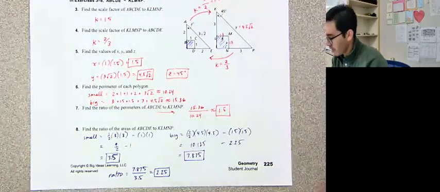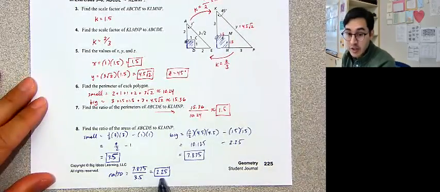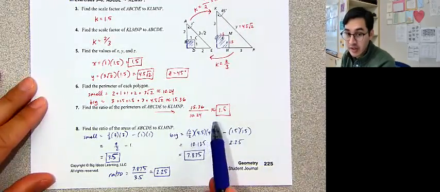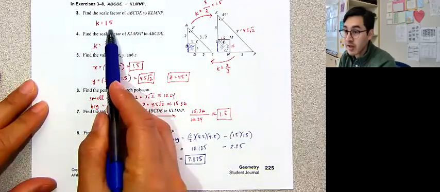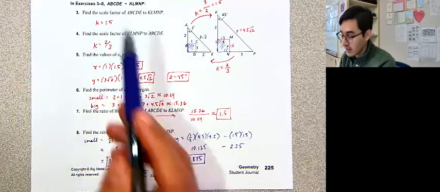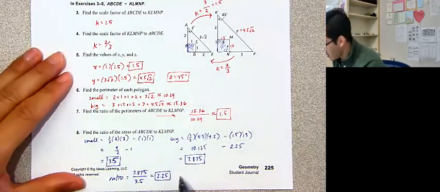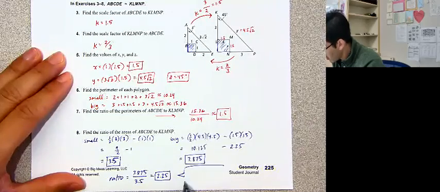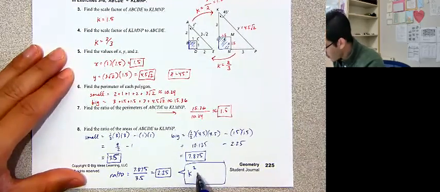Now here's something worth noting, is that the ratio of the areas is actually the original scale factor to the second power, right? So if you take the original scale factor and square it, right?